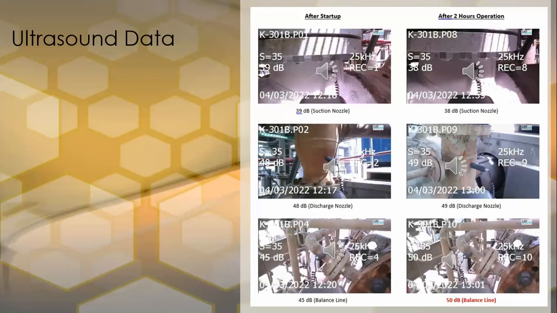After that, we have the ultrasound data, which gives us a huge indication in our system. I'm gonna show you what we had when we measured on the suction nozzle, the discharge nozzle, and the balance line. This sound was after the startup, normal, a little bit high but still normal without any indication of any abnormalities.